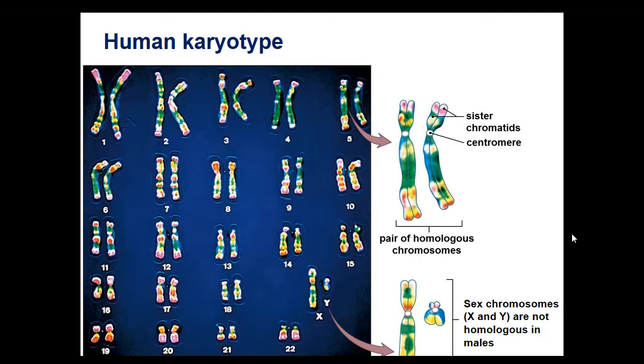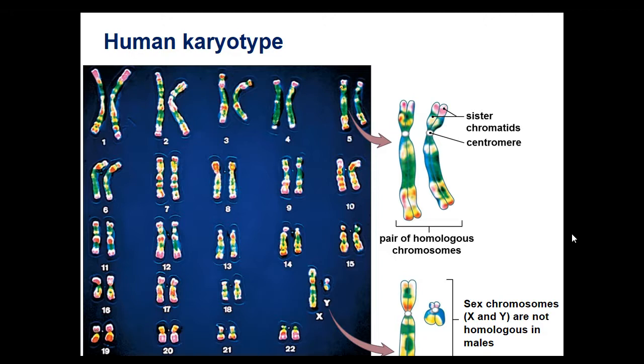So this was a human cell with 23 pairs of chromosomes. The number 1 chromosomes here, this pair, those are the longest, and then they get shorter and shorter. So the number 2 chromosomes are pretty short, and then there's this pair here called X and Y. Those are called the sex chromosomes.